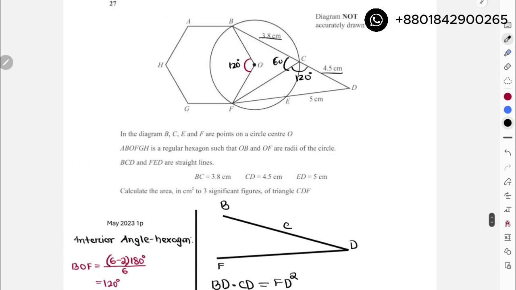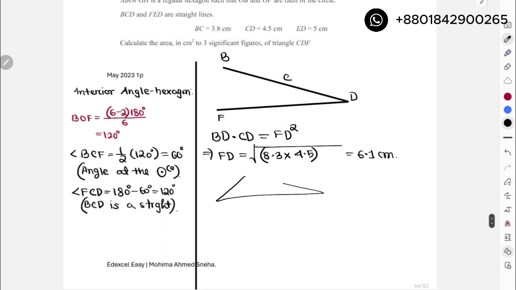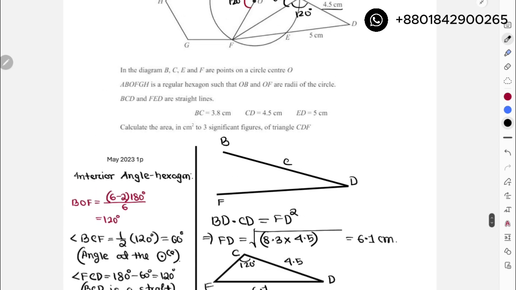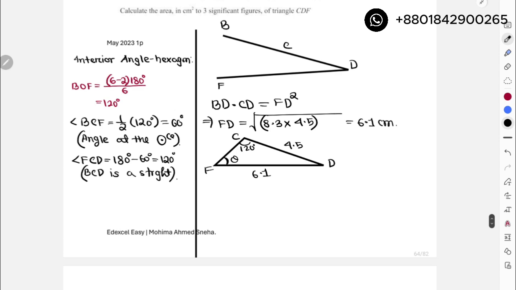If this total length is 6.1, now you can focus on triangle FCD. This was CFD. This was 4.5. This is 120, and the total length over here is 6.1. Then we can find out this theta using the sine rule.